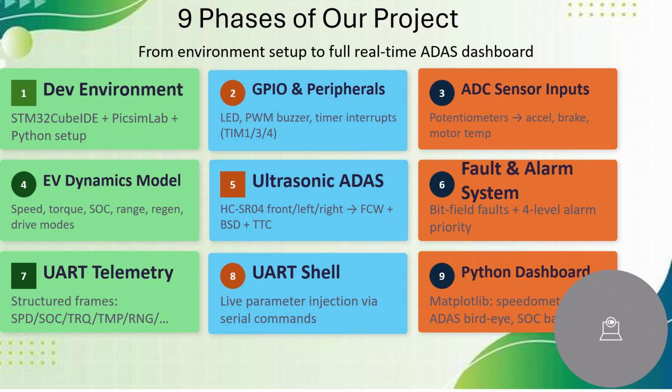In this we have found that HC-SR04 is the ultrasonic sensor which helps us to find the distance of the object from another object. That is helpful for the electric vehicle for any collision, because it can detect the time to collision, blind spot detection and everything.